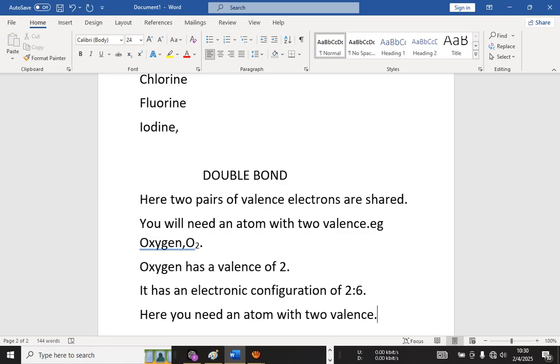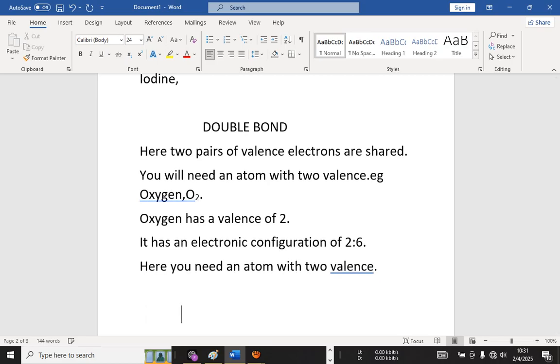In another video, I may show when they are different compounds but also form single, double or triple bonds. But for this case let us first understand what we mean by a single, a double and a triple bond.